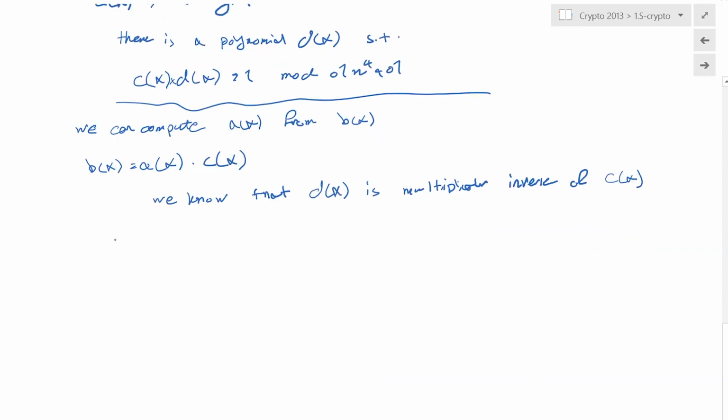Therefore, if we compute b of x multiplied by d of x, what do we get? We get a of x times c of x multiplied by d of x. We know these two would get cancelled to 1, and therefore it is equal to a of x, right?